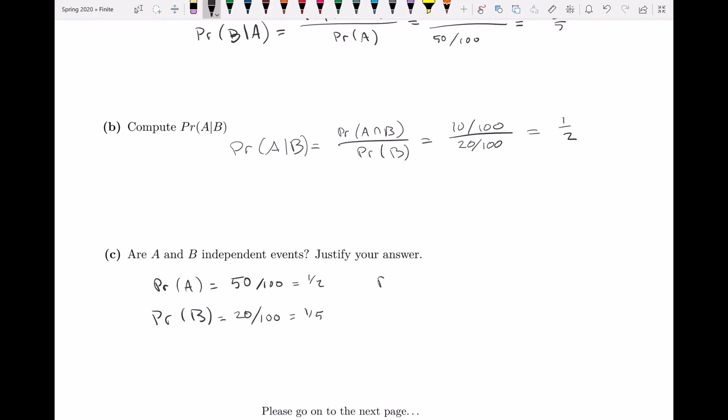Then we have the probability of A and B equals 10 over 100, as we've used before, which equals 1 over 10. And this equals, of course, 1/2 times 1/5, which equals the probability of A times the probability of B. If the probability of A and B is equal to the probability of A times the probability of B, that's the definition of them being independent, so yes.